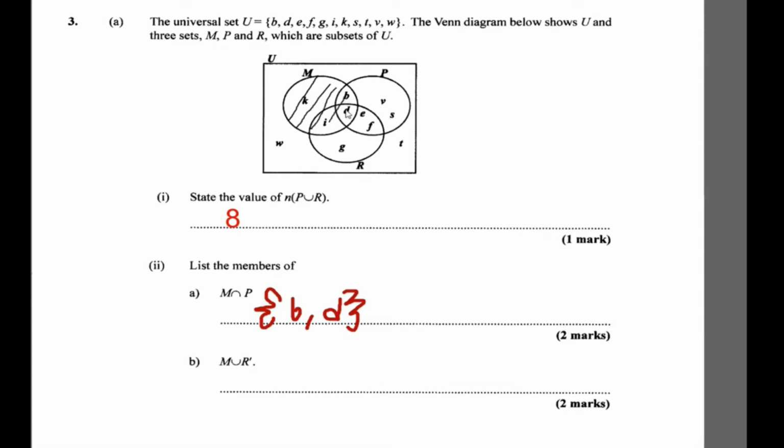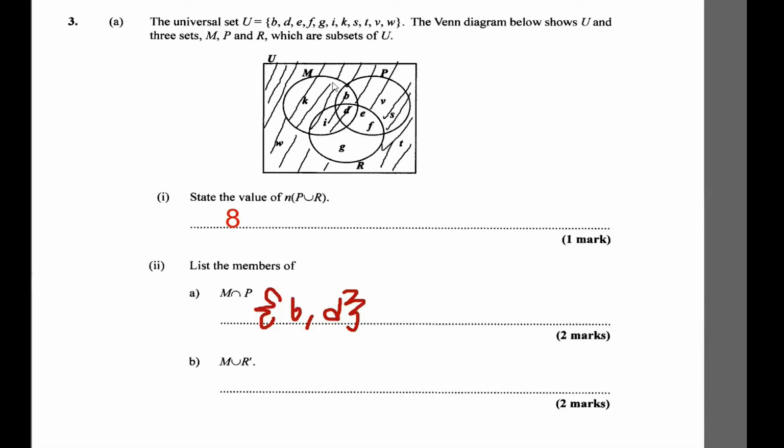All of this is M. R complement is everything outside of R. But because it says R complement, guys, this is a trick. Now remember M intersect R, but it says M union R complement.